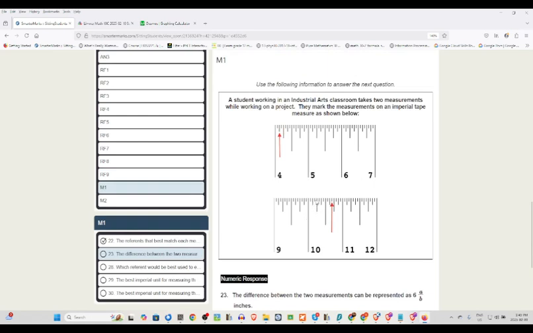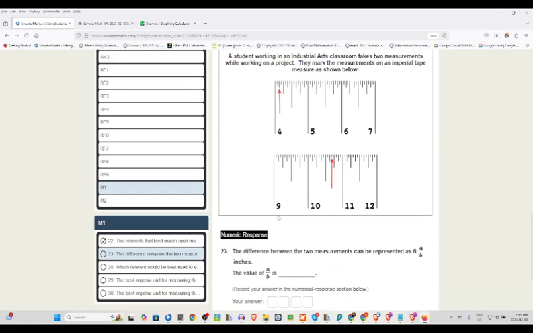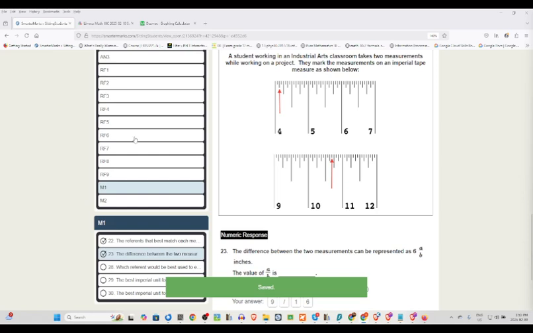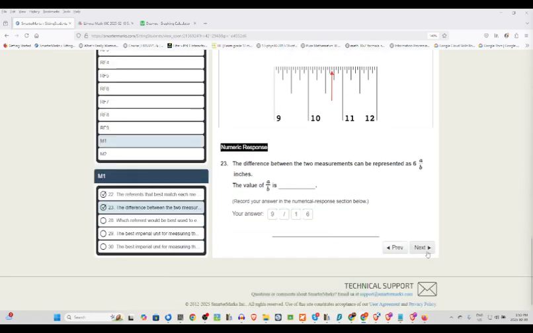We have 1, 2, 3, 4, 5, 6, 7, 8, 9, 10, 11, 12, 13, 14, 15, 16 divisions. So that's our denominator. So there's 8, 9, 10, 11. So 10 and 11 over 16 minus 4 and 2 over 16. 11 minus 2 is 9. So this is 9 over 16. That's the fractional part.